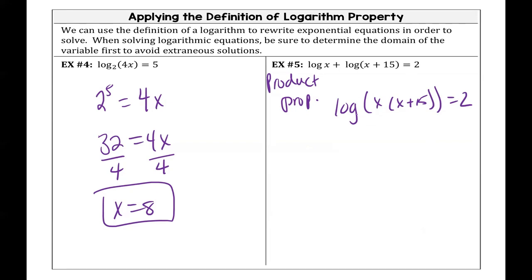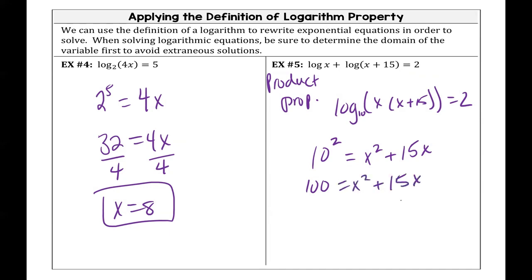Remember, when there is no base, it's common log, so your base is 10. So this is saying 10 to the second power equals x squared plus 15x. And then it becomes 100.